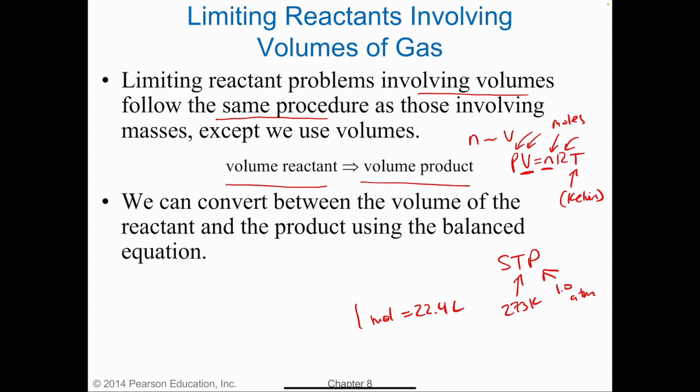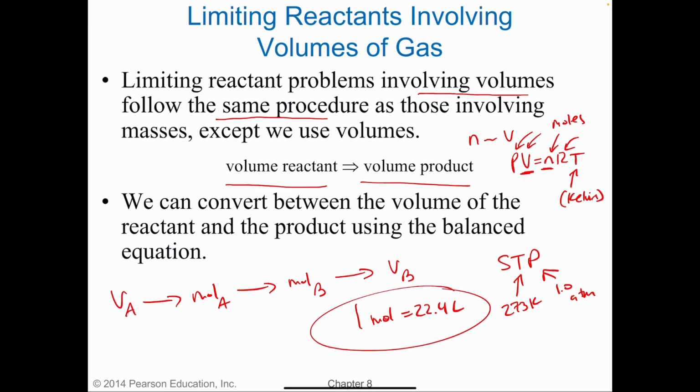If we were to do the conversion the long way, converting from a volume of one gas, I'll call it A, to moles of that gas, and then to moles of the other gas, maybe the product, and convert back into a volume, we would end up using the 22.4 factor twice, where one time we're multiplying and one time we're dividing, so it cancels out. So we can just shortcut it and go directly from volume of reactant to volume of product for these limiting reactant problems.